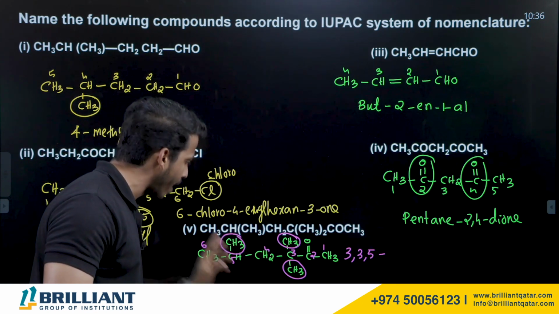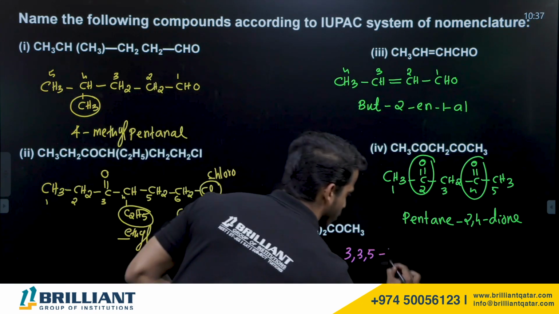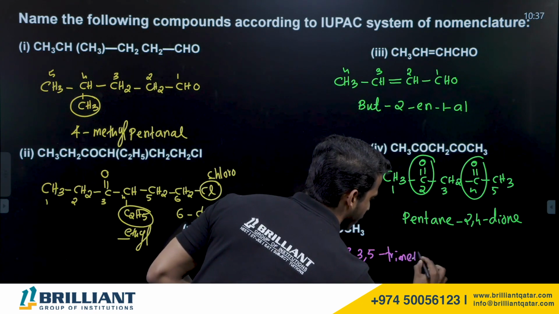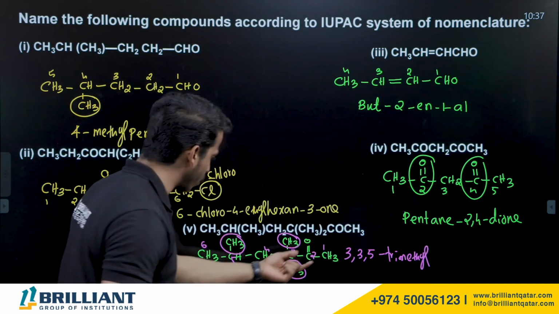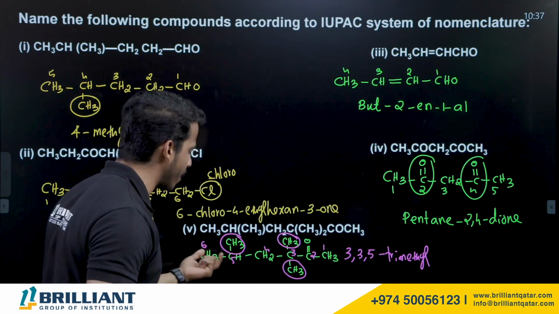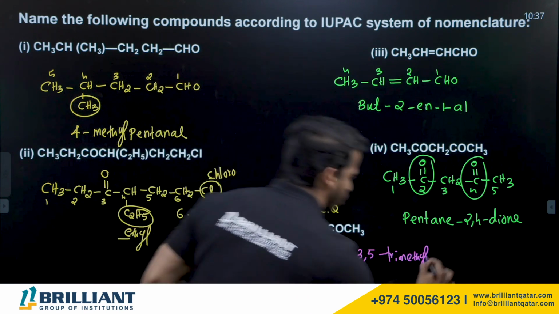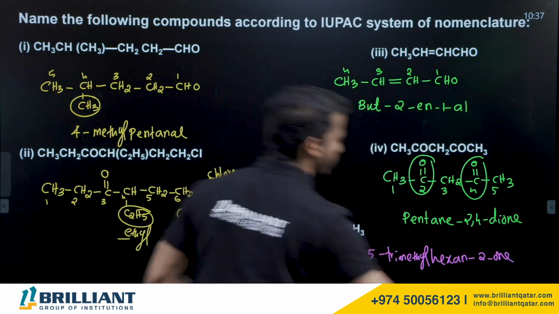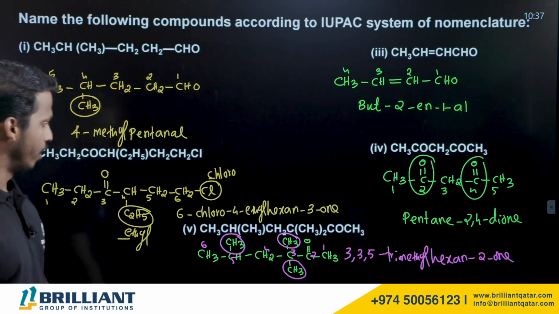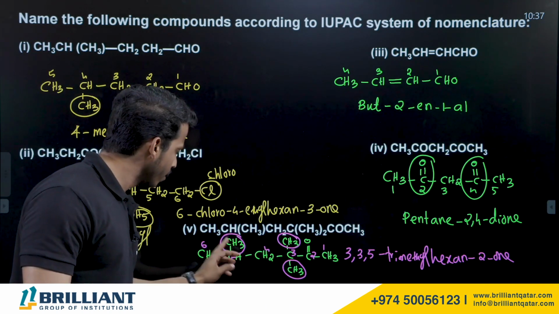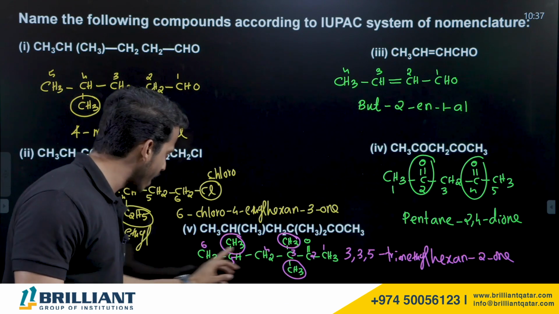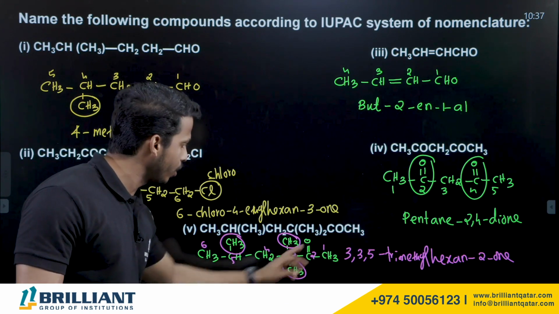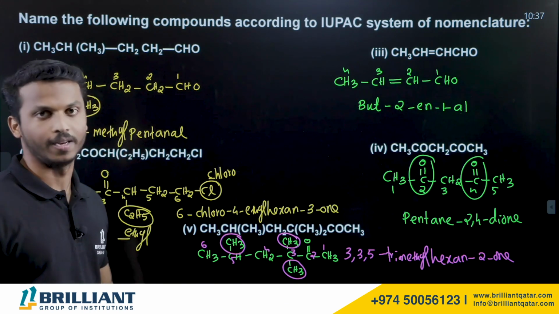So 3, 3, 5, total 3 methyl groups, so we say trimethyl. Total there are 6 carbon atoms, and at the second position there is a ketone. So we say hexan-2-one. 3,3,5-trimethylhexan-2-one, at the second position there is a ketone. That's the IUPAC name. Clear?